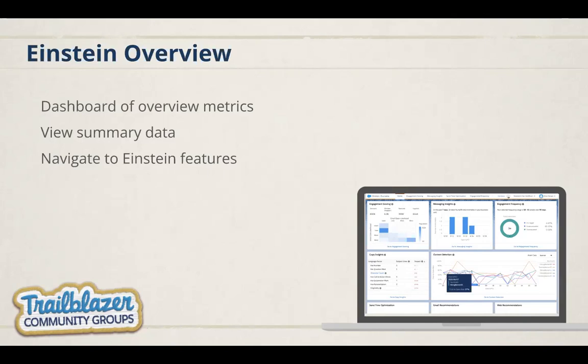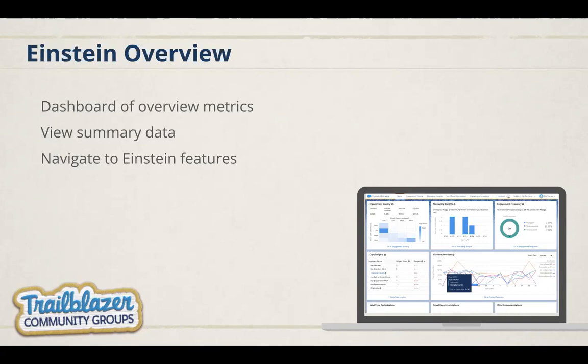This Einstein Overview provides a dashboard indicating the overall metrics for each enabled Einstein feature, and also indicates which features haven't yet been enabled, as many Einstein features aren't enabled by default and need to be self-activated and set up, which we can discuss.